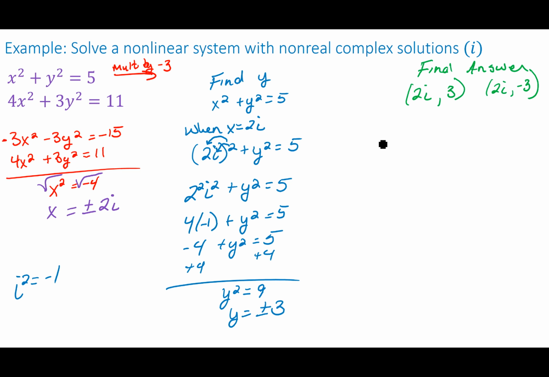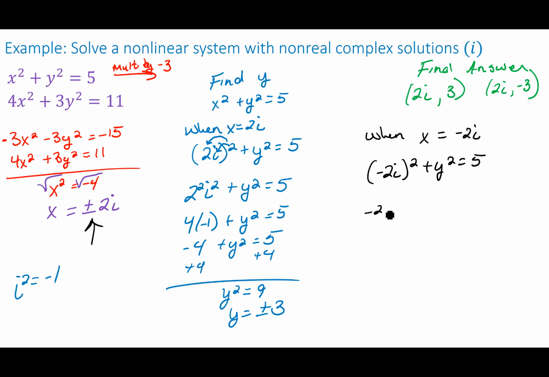Let's do the next one. When x is equal to -2i, because we had two solutions here, positive 2i and a -2i. And so we'll have (-2i) squared plus y squared equals 5.